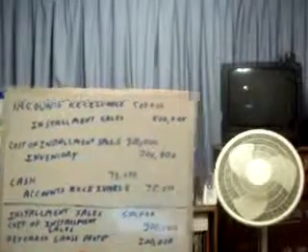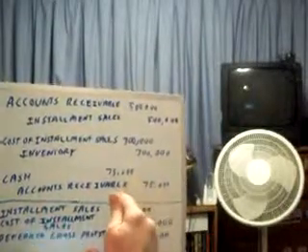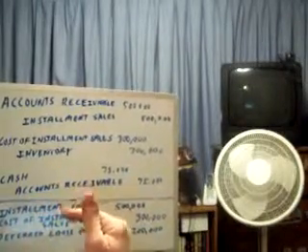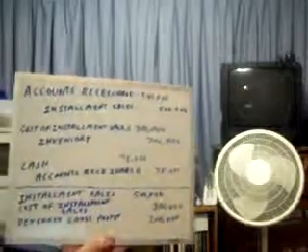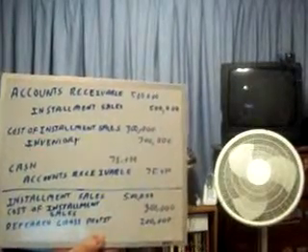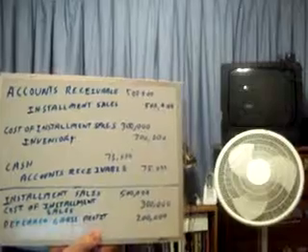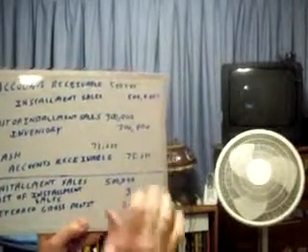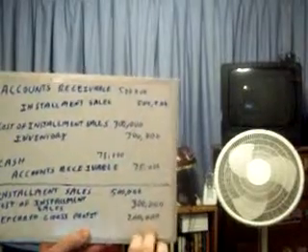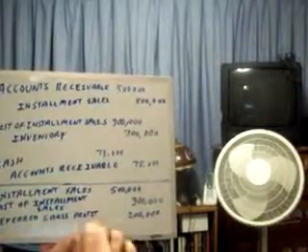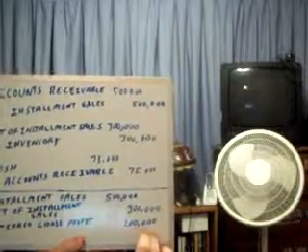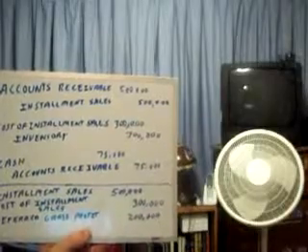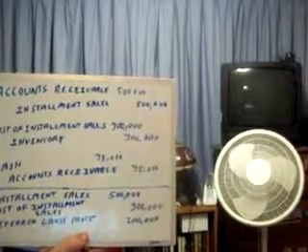Okay. Now, what about the $75,000 that Tom paid Bill for this year? Well, $30,000 of that is realized gross profit. So what happens? Well, deferred gross profit gets debited $30,000, and then realized gross profit gets credited $30,000.